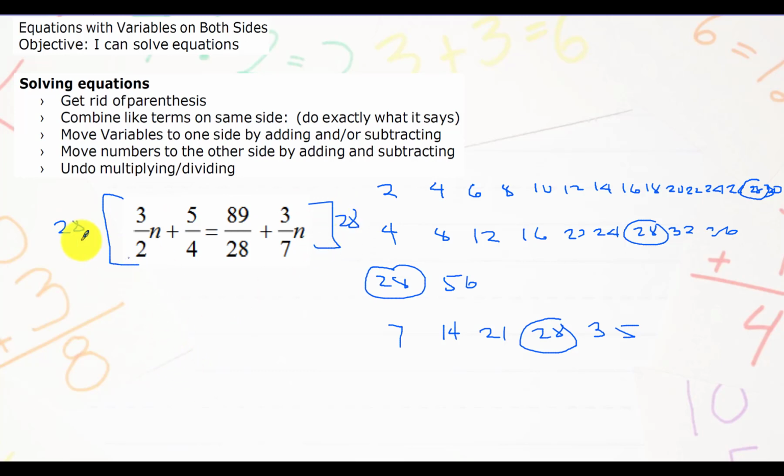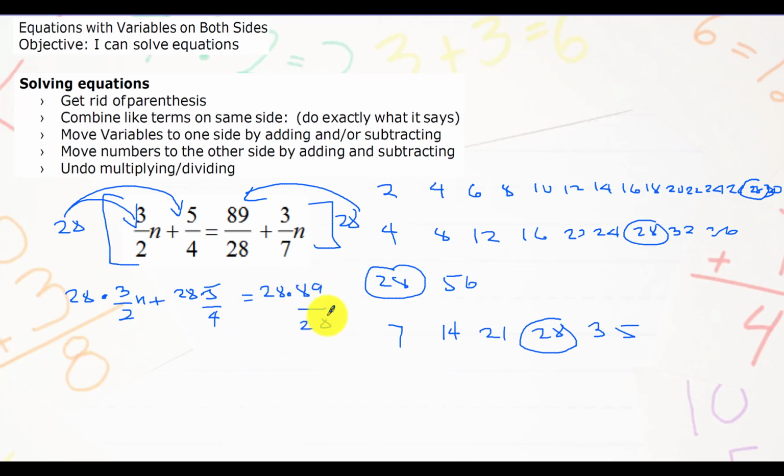All right, 28. So meaning you'll get 28 times 3 halves n. So we just actually distributed 28. 28 times 5 over 4. Then 28 times 89 over 28.